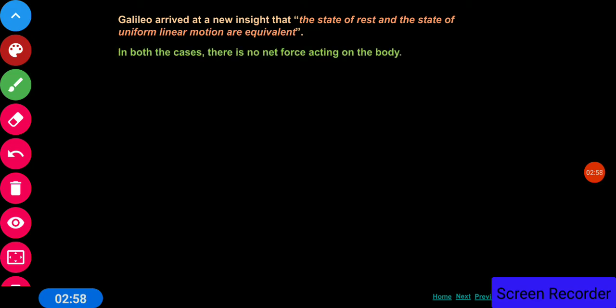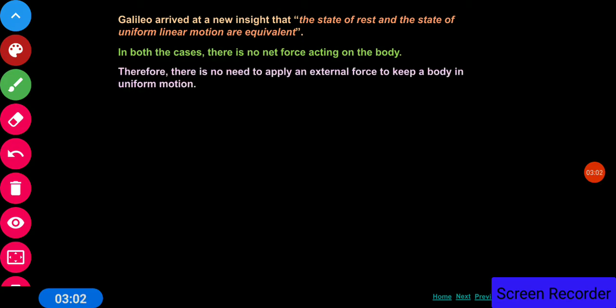In both cases, there is no net force acting on the body. Therefore, there is no need to apply an external force to keep a body in uniform motion. On the basis of these experiments, Galileo found that the state of rest and the state of uniform linear motion are equivalent.